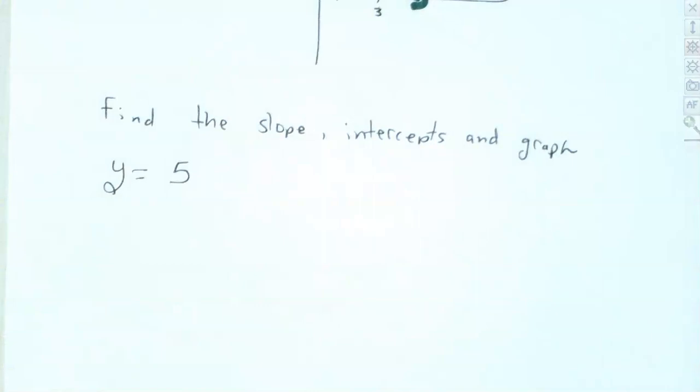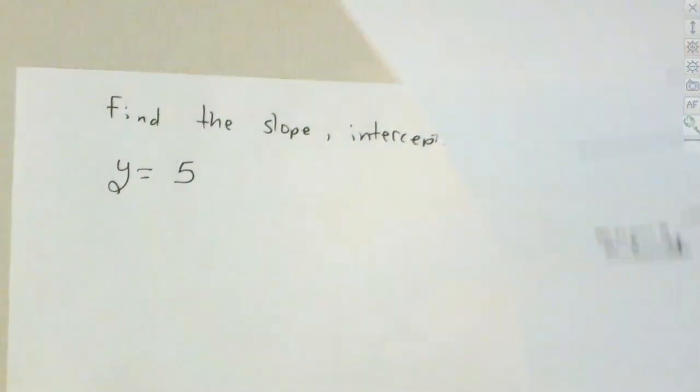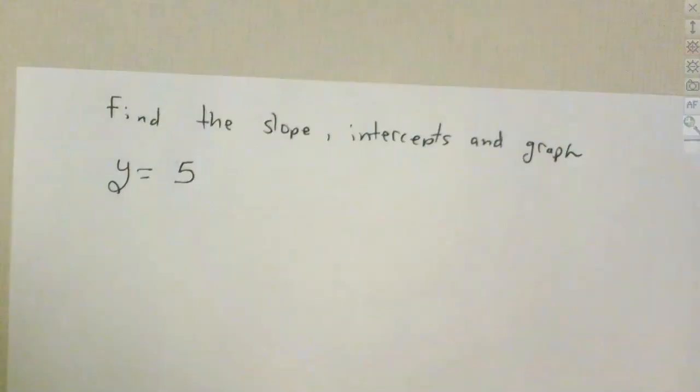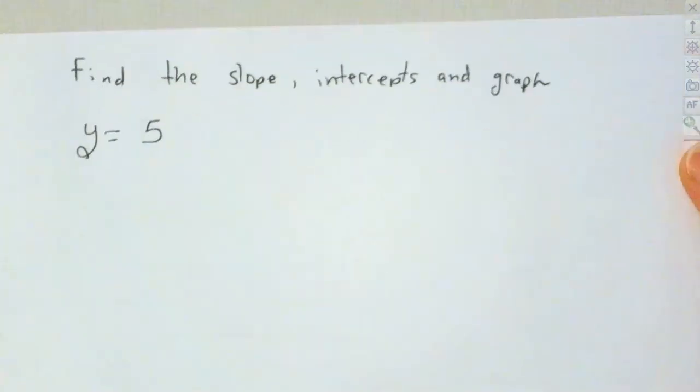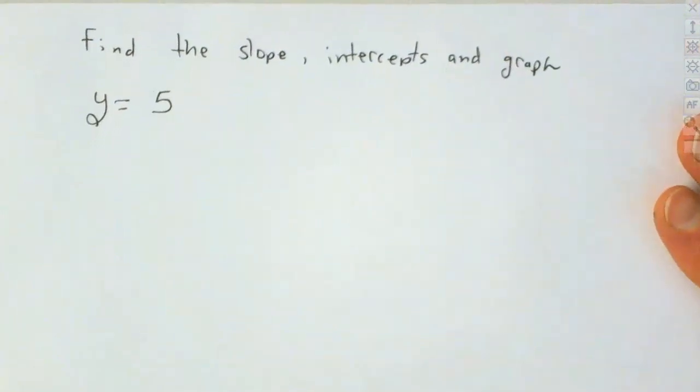So let's say all we have is y equals 5. There's no x part, right? Okay, so how do I look at this one? Well, this one I don't have to do any calculations on. It's just a matter of understanding the concept.